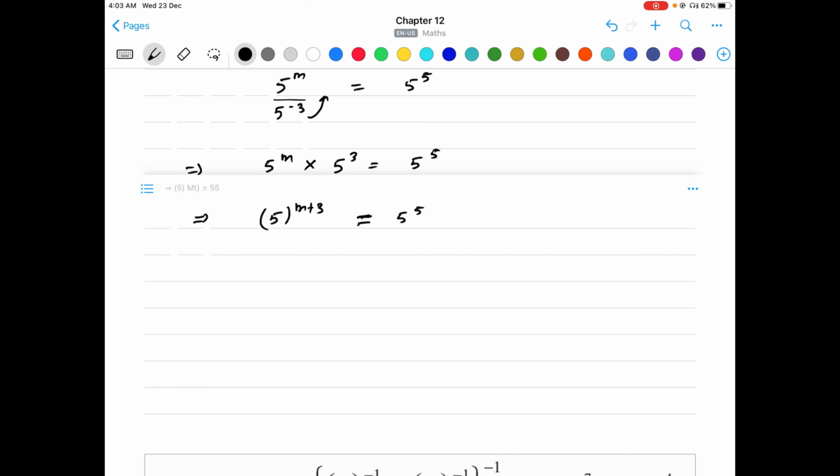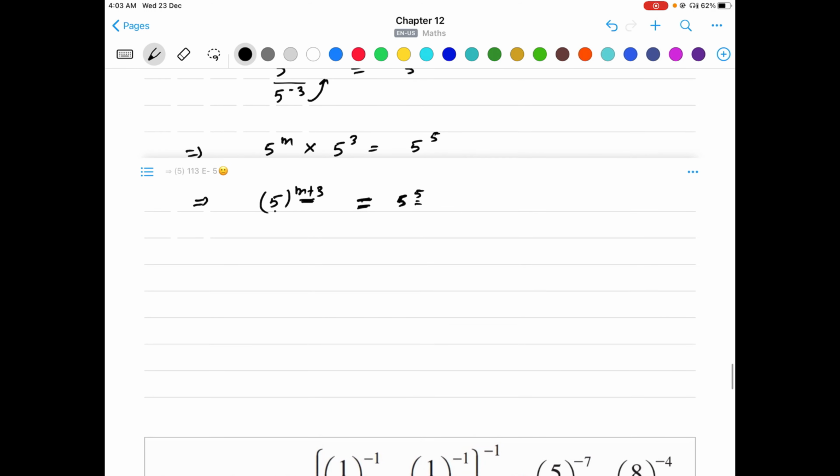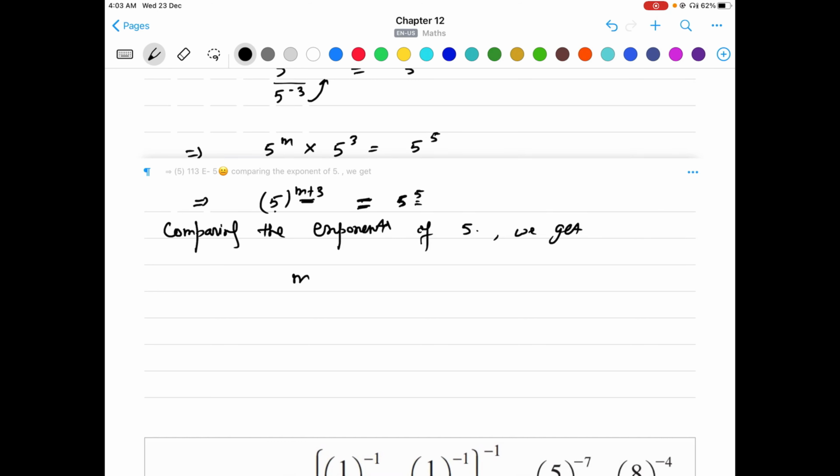Okay, as the base number is the same, we can add the powers, so it is equal to 5 power 5. Okay, now since we have the equality sign in between, 5 power something equals 5 power 5, that means these two powers are equal. Okay, so let's write, comparing the exponents of 5, we get 5 power m plus 3 equals 5 power 5.